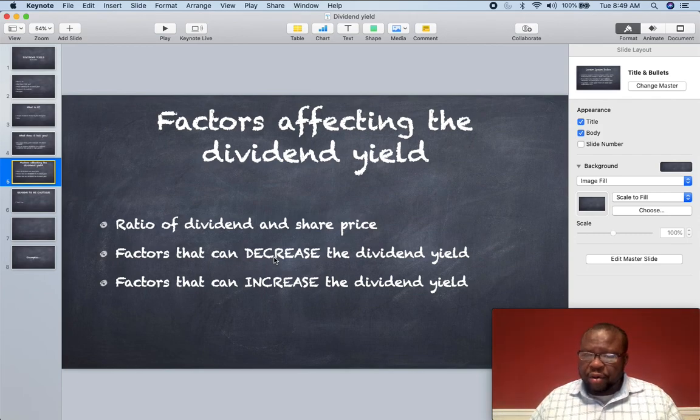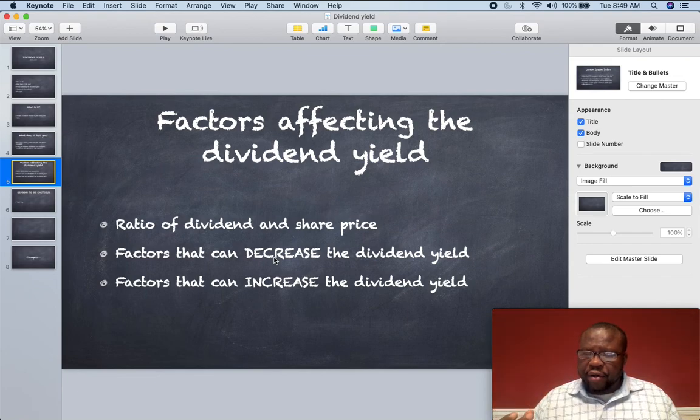So $1 in dividend annually, and now the share price, instead of 100, is now 200. So your dividend yield now, instead of being 1%, 1 over 100, is now 1 over 200. Now it is 0.5, or half a percent. Okay? So if the share price, or the denominator, goes up or increases, your dividend yield will go down.